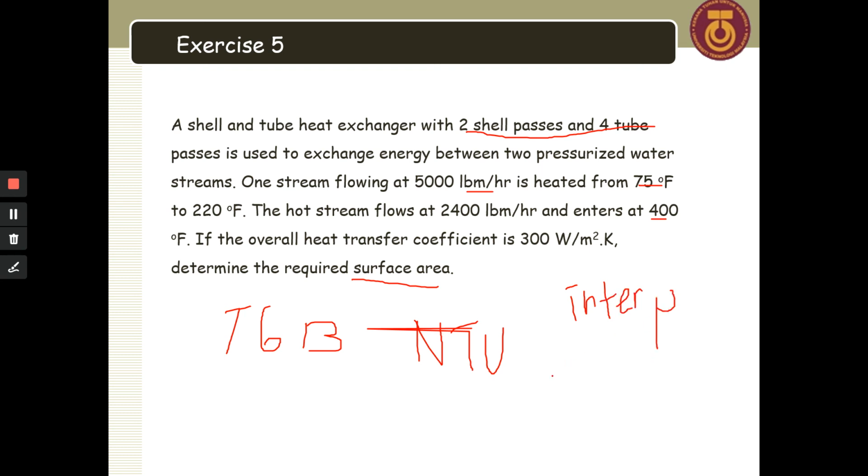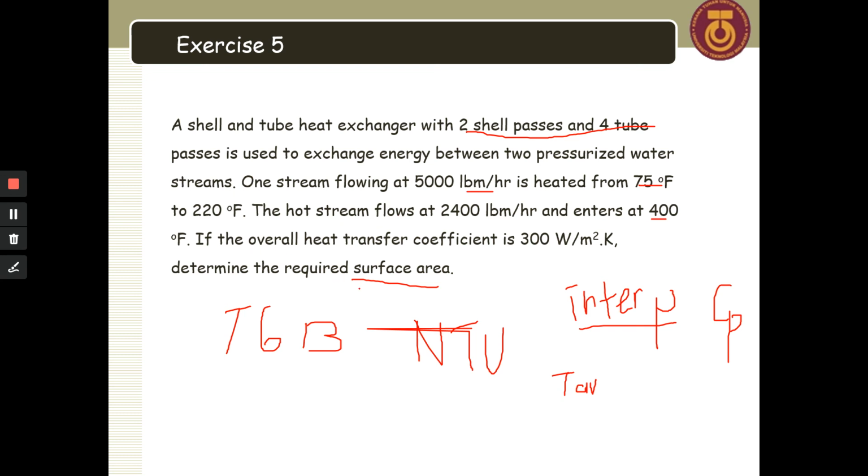At which value? At the average value. How do we know the average value? You need to estimate the average value, and only from there can you interpolate the CP value. You need the CP for both the heating and cooling fluid.